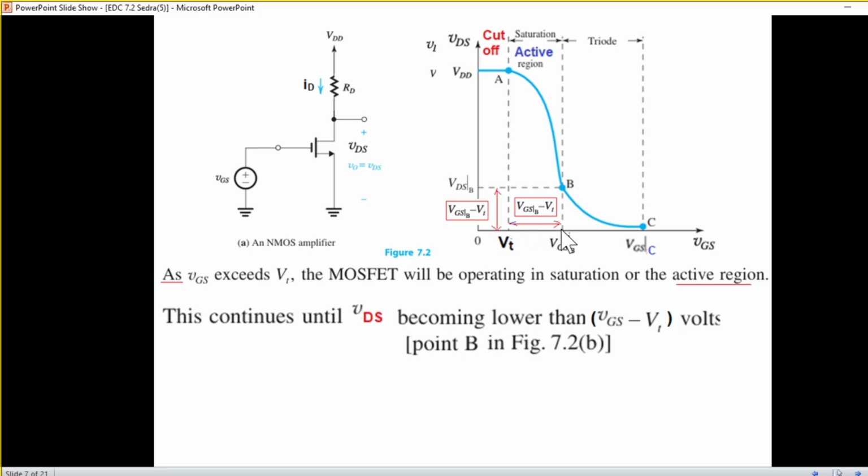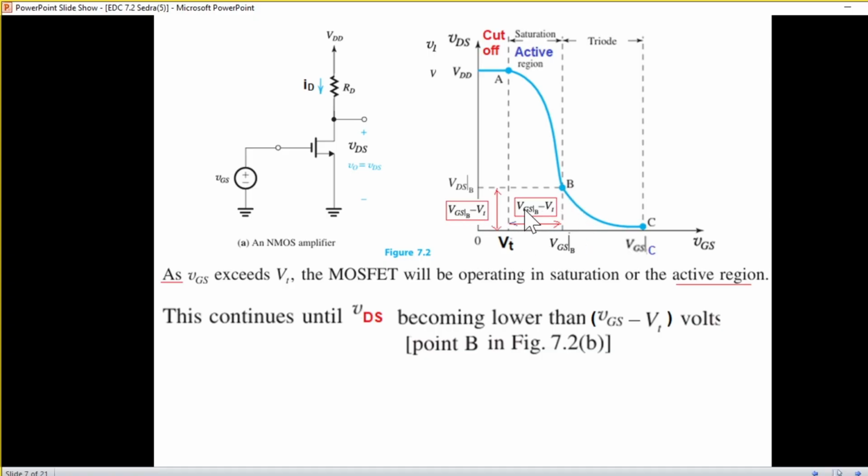When this length is equal to this length, or VDS becomes slightly lower, that means this is coming lower, that is the point where the transistor will move from active to triode region. So this point B is the point where it changes from active to triode region. This condition we have to keep in mind.